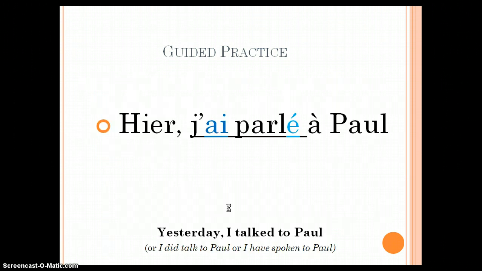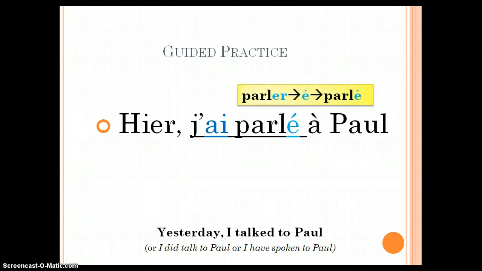Hier, j'ai parlé à Paul. Yesterday, I talked to Paul. Or you can also translate this to I did talk to Paul, or I have spoken to Paul. It's parlé, again, because parler in its infinitive is an er verb. Er verbs change to é, so you go from parler to parlé.